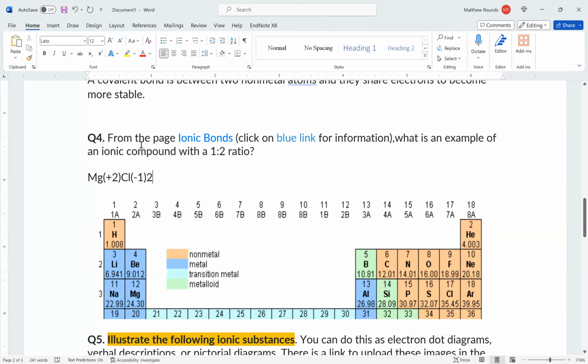Or you might even add that an ionic compound is a metal and a non-metal when they're in the 1 to 2 ratio, which means that you have one magnesium with two chlorides.